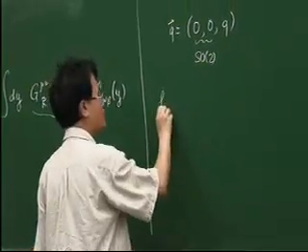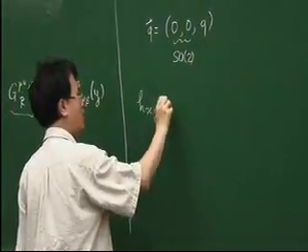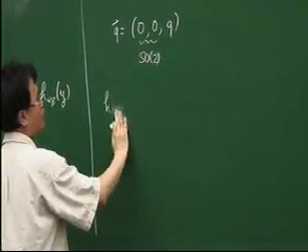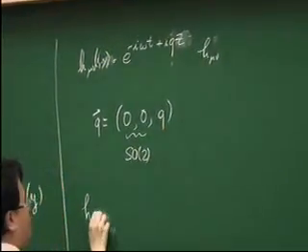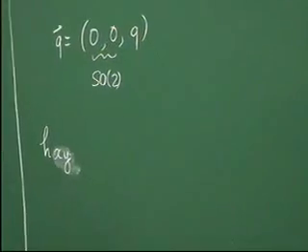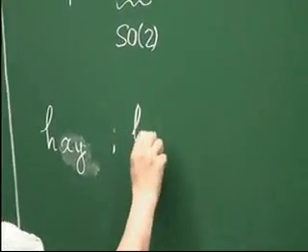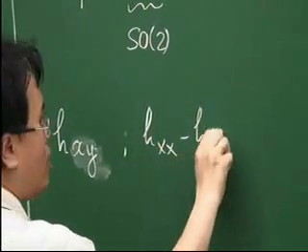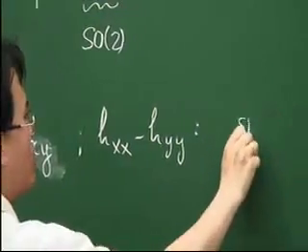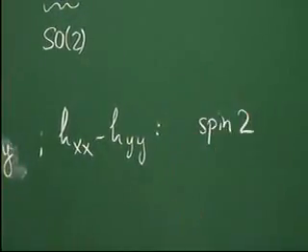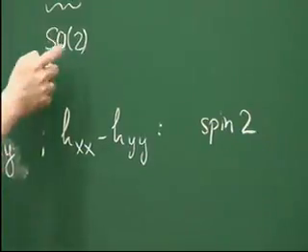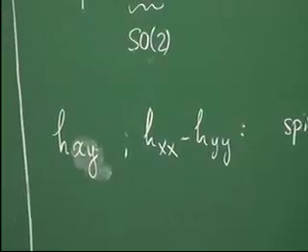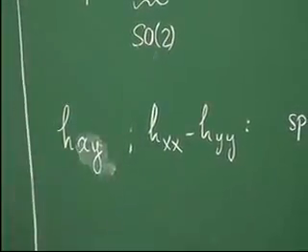For example, H_12, let's call that Z, because I'm using H_XY, or H_XX minus H_YY, will be a spin 2 perturbation. It's a two-index tensor with respect to this SO(2).